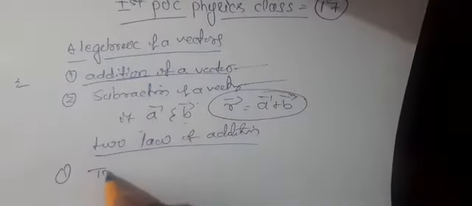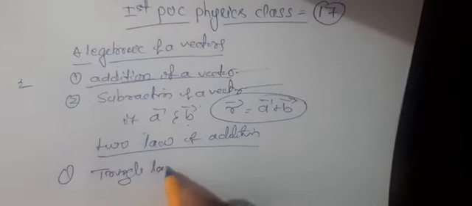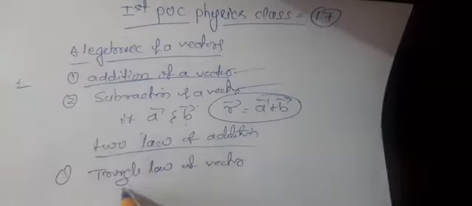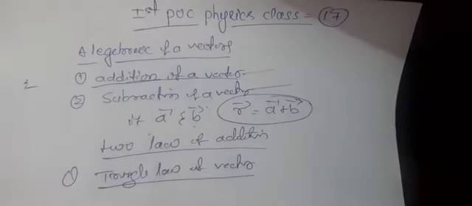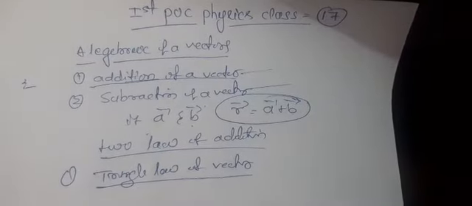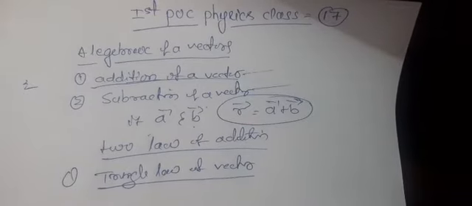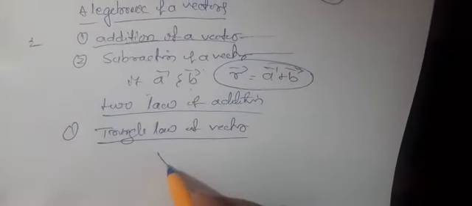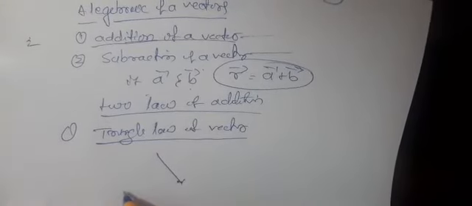Triangle law of addition of a vector. The triangle law is defined as follows: there is one vector and one more vector.